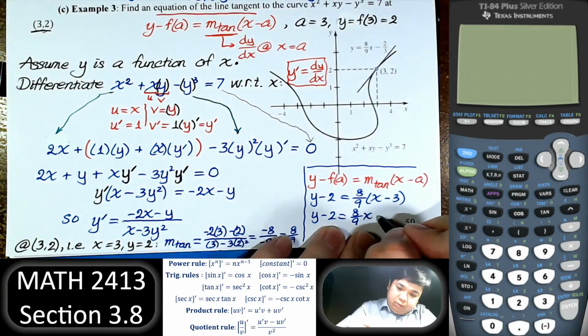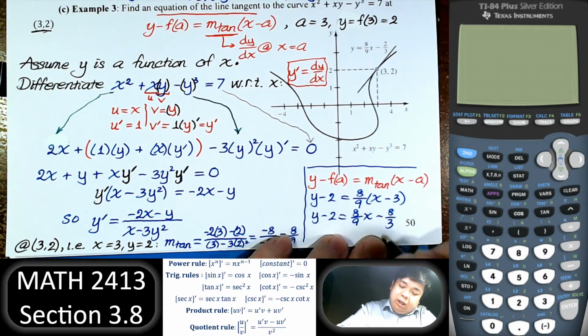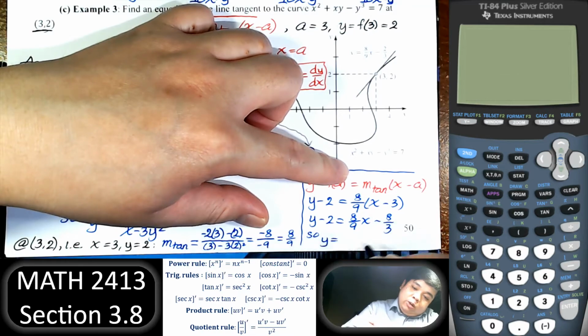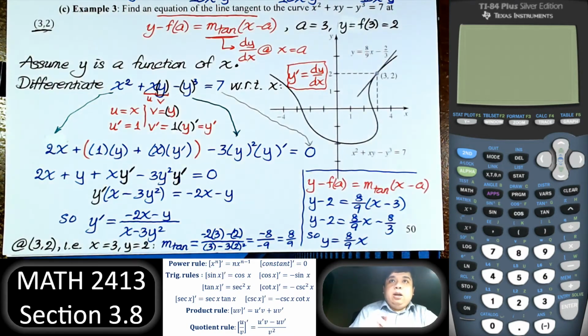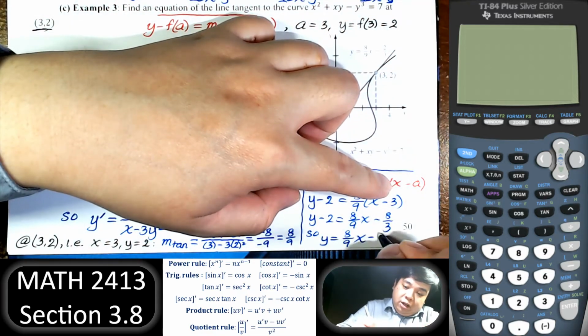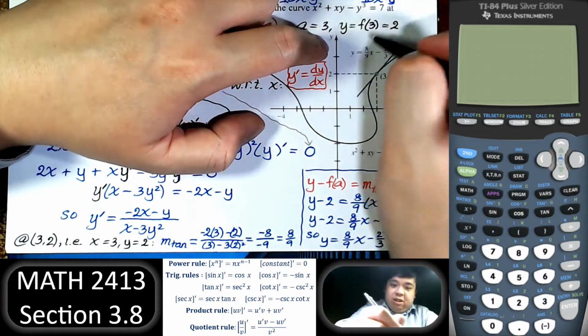Multiply them out, 3 and 9 cancel out, minus 8 over 3, and plus 2 on both sides, so y equal to 8 over 9x. Negative 8 over 3 plus 2 is minus 2 over 3. And that's what we have.